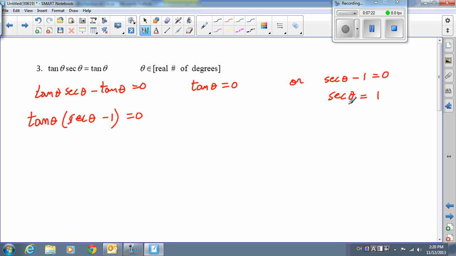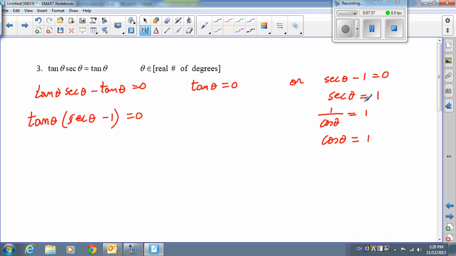Well, for the secant to be equal to 1, you remember secant is 1 over cosine theta. From here, I can tell that cosine theta must also be equal to 1 for the secant to be 1.